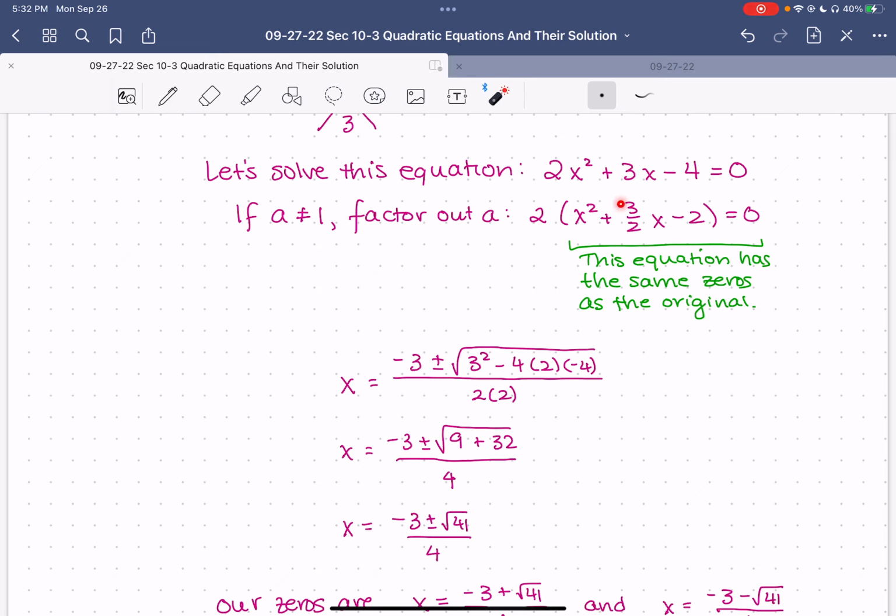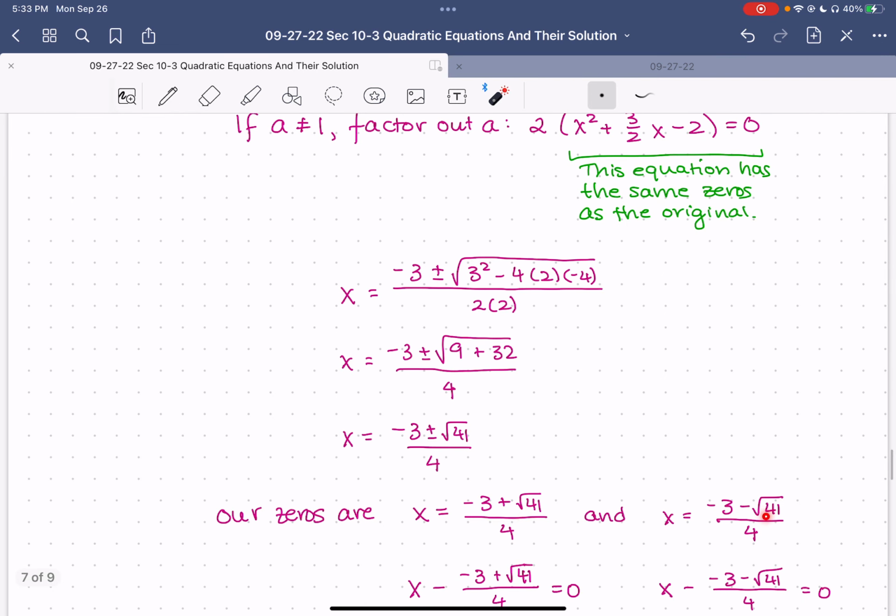This would have the same zeros as the original. So I'm actually going to use the quadratic formula on the original, because I don't want to deal with the fractions in this formula. So I just put in a, b, and c, and here are my zeros.